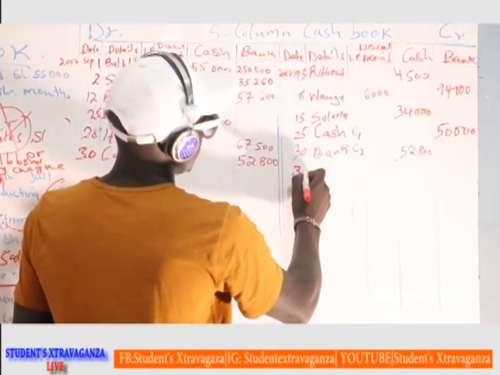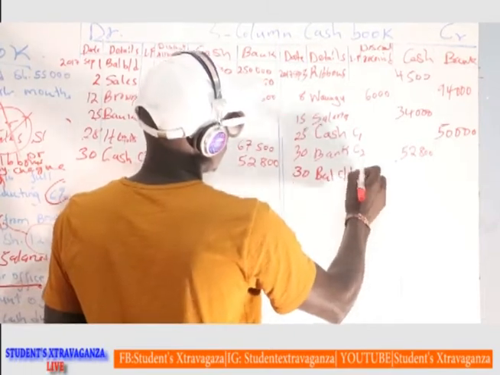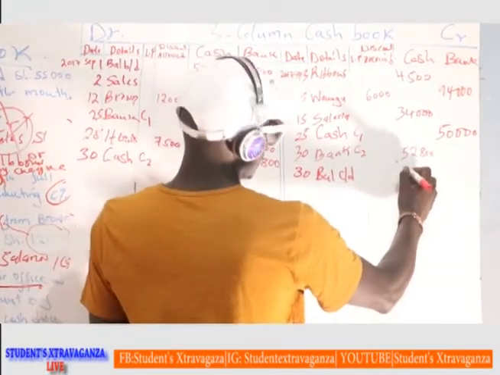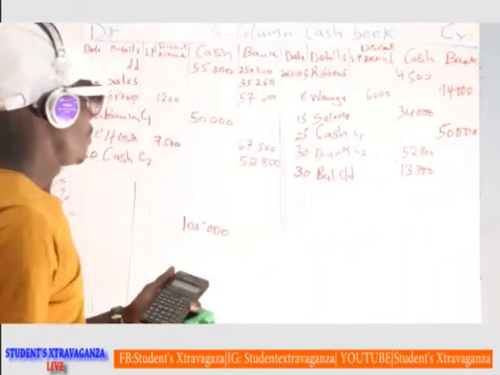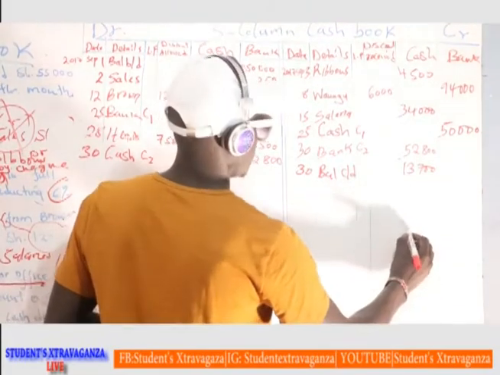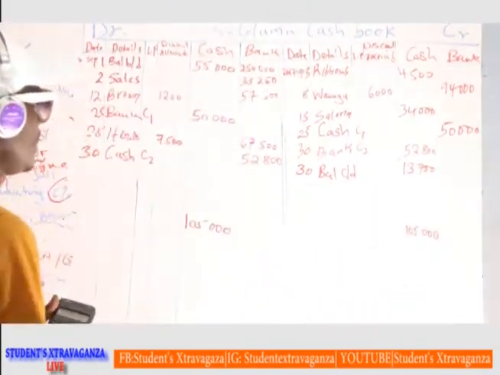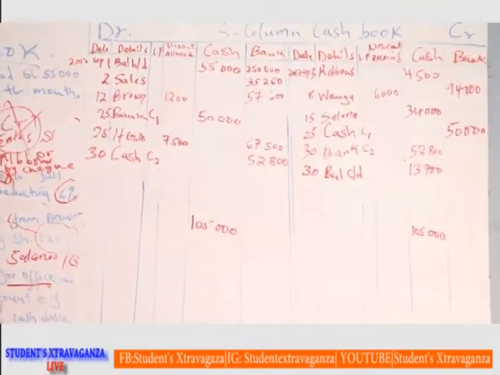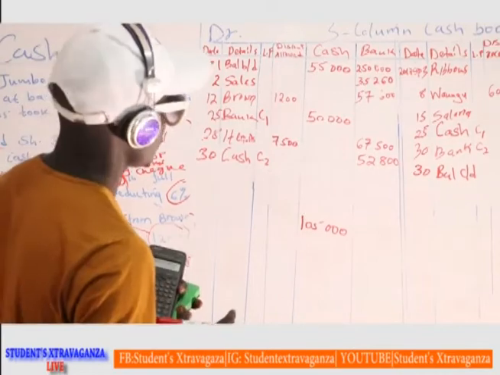So on 30th, we have balance carried down. Our balancing figure on the cash column will be 13,700. So meaning this one also will be 105,000. Let's check the bank column.